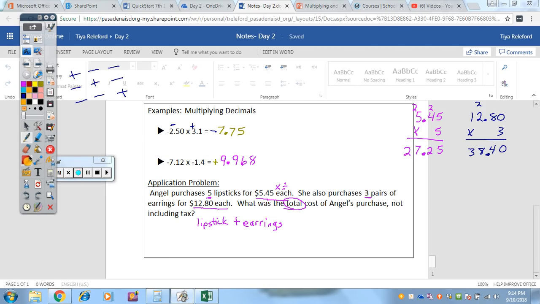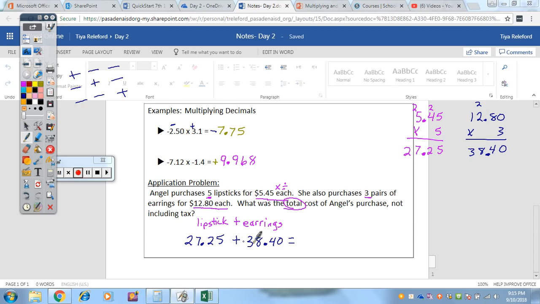Okay, when I did my lipstick multiplication, I have $27.25. 5 times 5 is 25, so that's pretty close. When I did my earring multiplication, 12 times 3 is 36. So 12.80 times 3 is 38.4. That's pretty close.